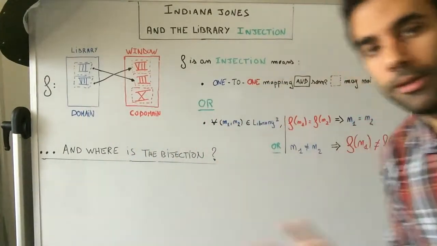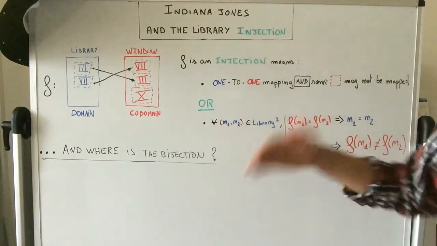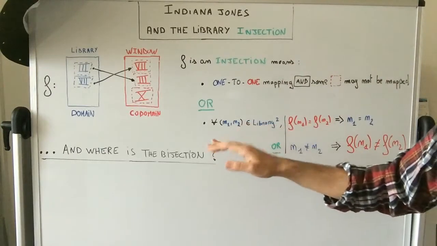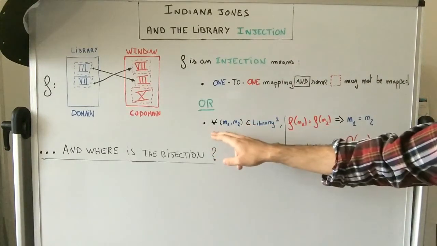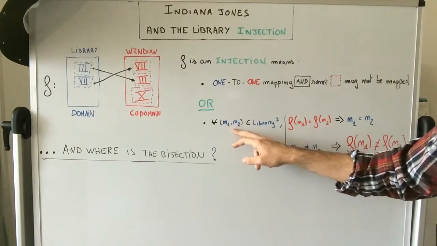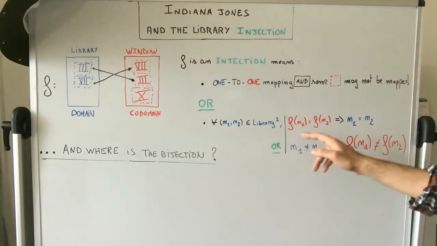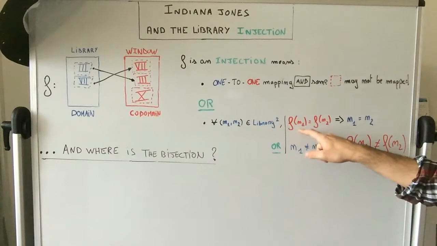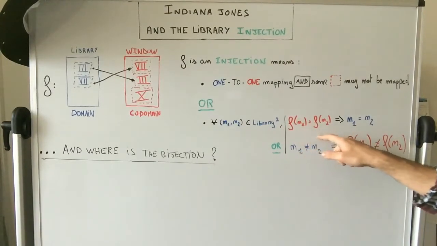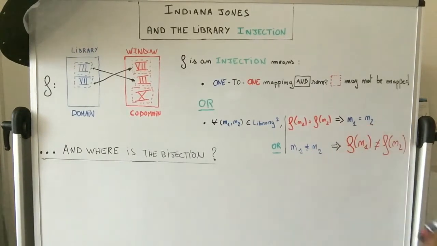So that was the light definition, or there is a heavy, strict definition, the formal one. Whatever n1 and n2, 2 numbers I take in the library, if the images of those numbers are equal, then the numbers are equal in the library.